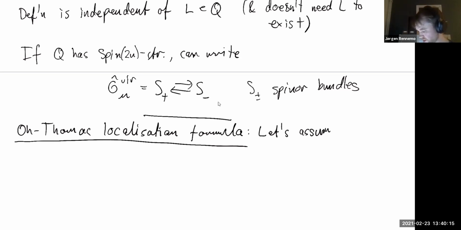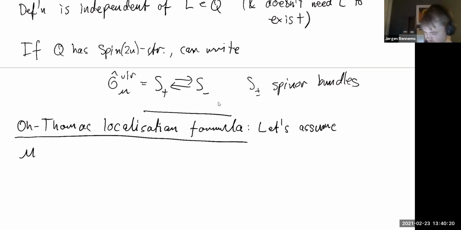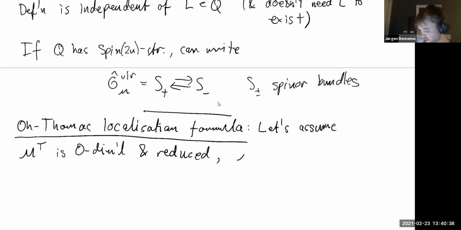Let's stick to the one that's relevant for us. So let's assume that the torus acts on everything, and the torus fixed points are zero-dimensional and reduced, so really scheme-theoretically isolated fixed points. And let's say we're still in the dream case.